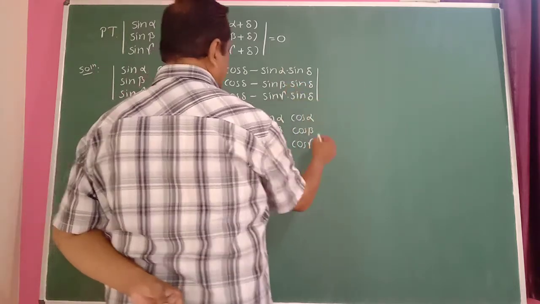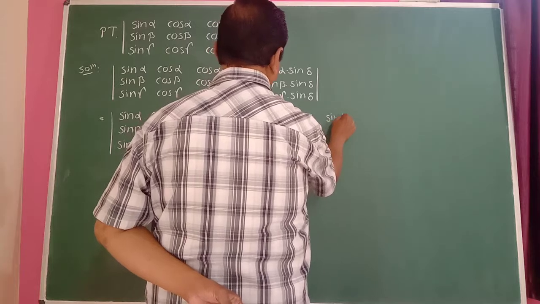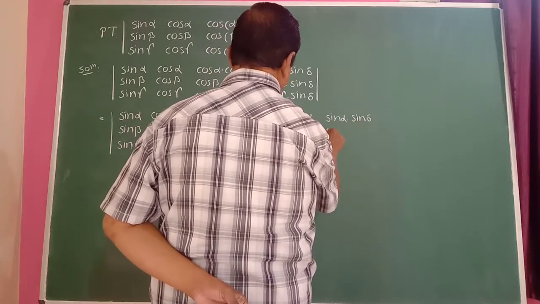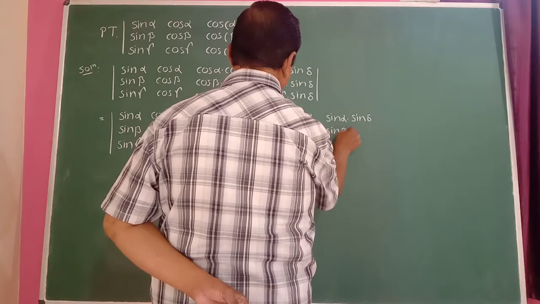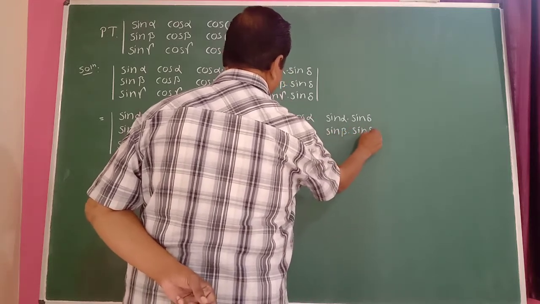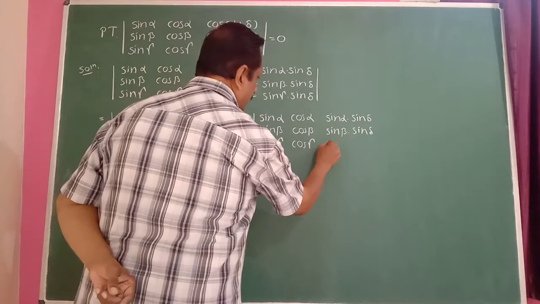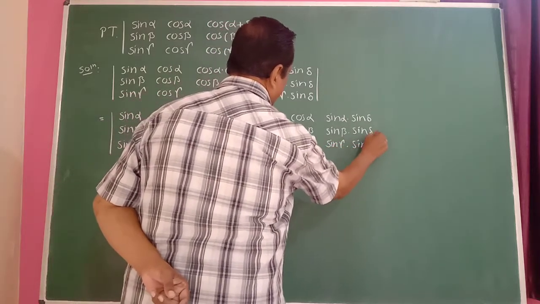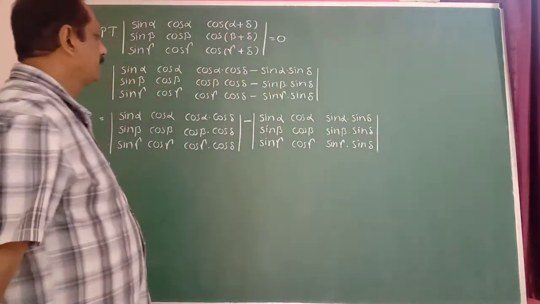Then write these elements: sin alpha into sin delta, sin beta into sin delta, then sin gamma into sin delta.